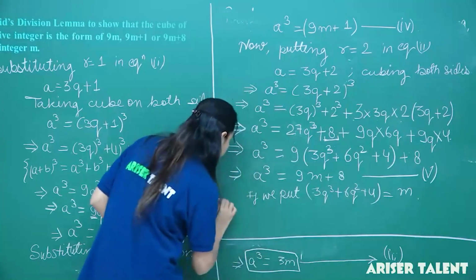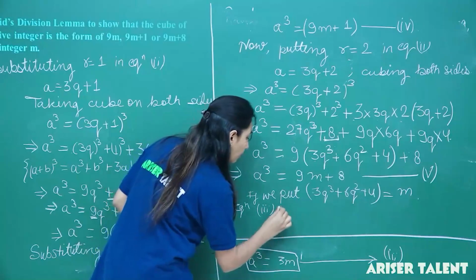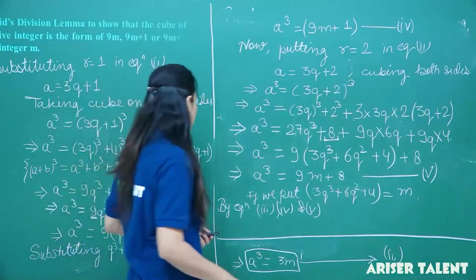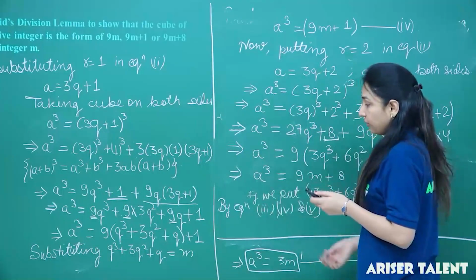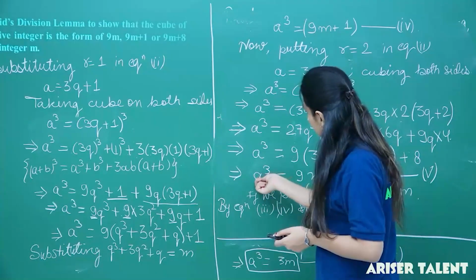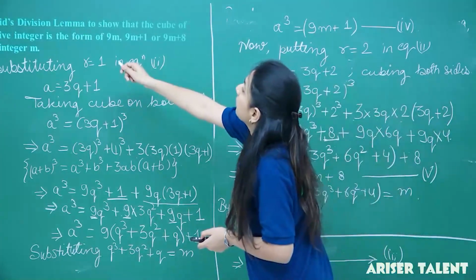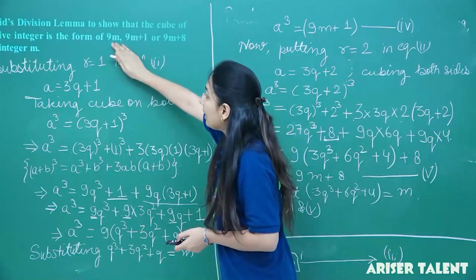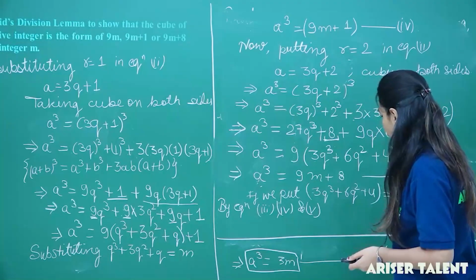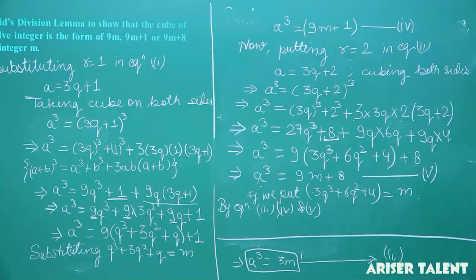Now by equations 3rd, 4th and 5th, we can say that a cube, where a is some positive integer, we have taken it in this form. So its cube will be either 9m, in the first case.